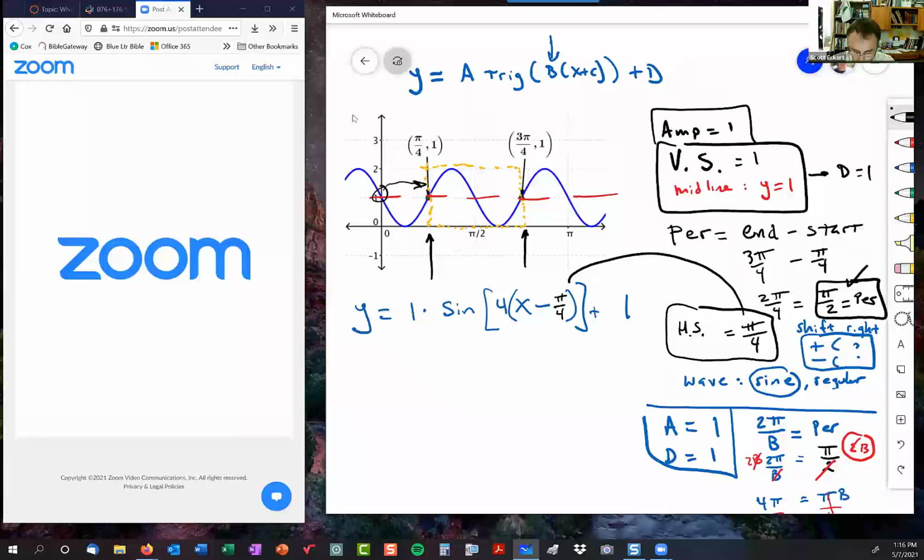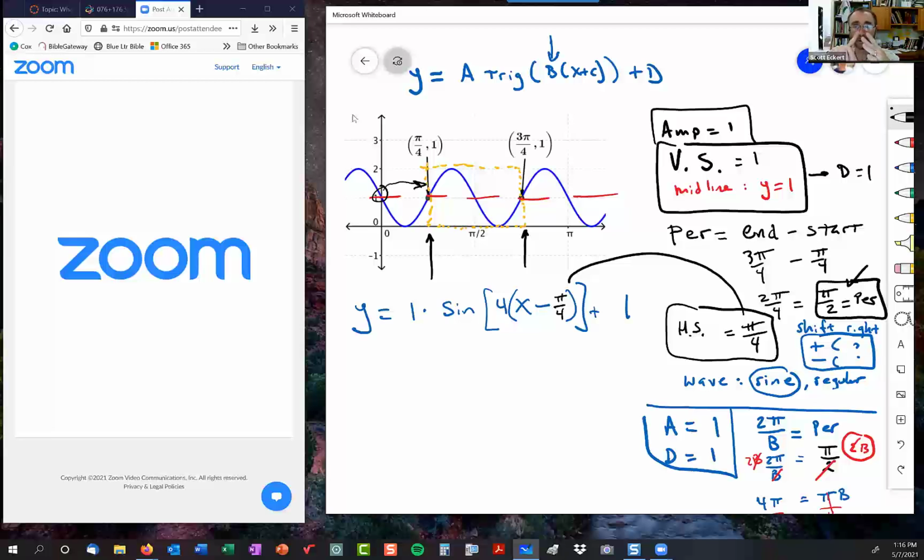We're done. That's a reasonably difficult equation. And we created, I'm sorry, that's a reasonably difficult graph, and we created the equation for it. And it started with a box, and then we found amplitude, period, vertical shift, phase shift.